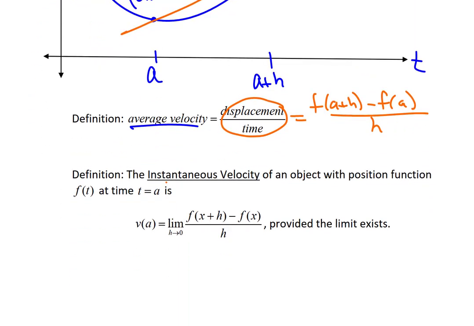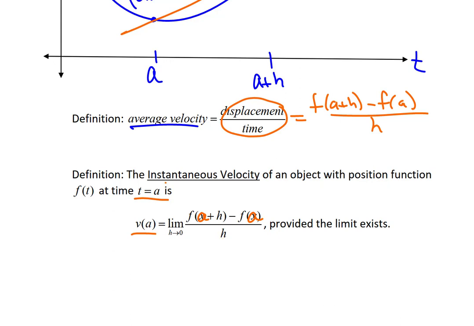So now we can say the instantaneous velocity, the velocity at a single point. Okay, so the velocity of an object with position function f of t at time t equals a, that's at only one place, is v of a, the velocity at a, which is given as the limit as h approaches 0 of f of a plus h minus f of a all over h.